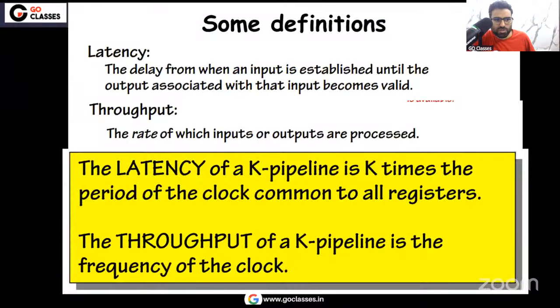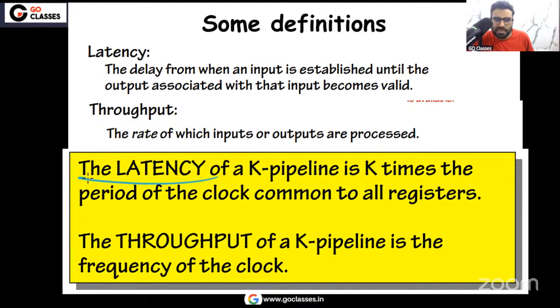Okay, these notes you can see here, the instruction latency. What does instruction latency mean? This is the delay from when the input is submitted, when it enters the pipeline, until its completion. Very simple. And what will be the instruction latency in a k-stage pipeline?